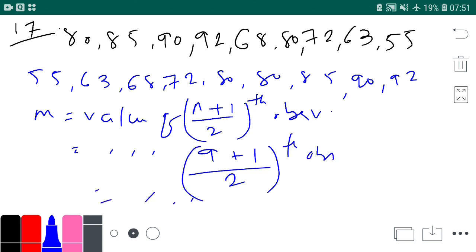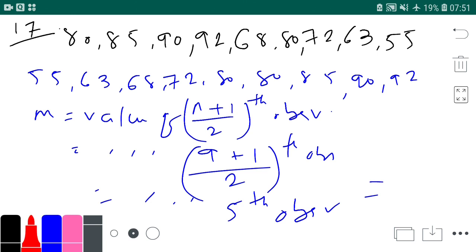So it is readable as the value of the fifth observation. Now what is the fifth observation here? You can see this is 1, this is 2, this is 3, this is 4 and this is 5. So the fifth observation is 80. Yes, what is the fifth observation? It is 80.